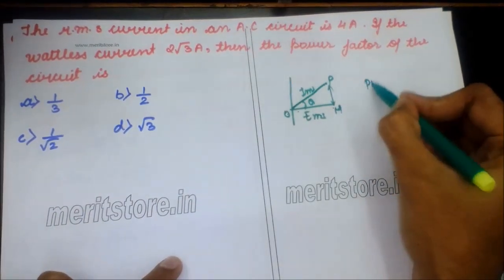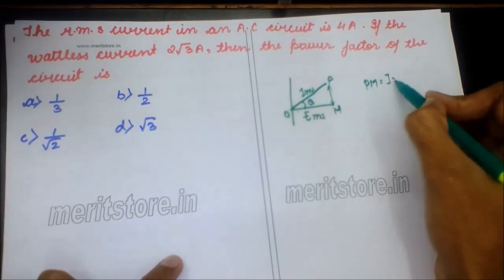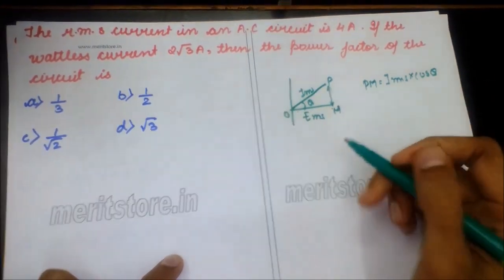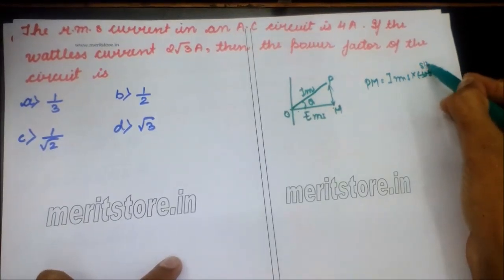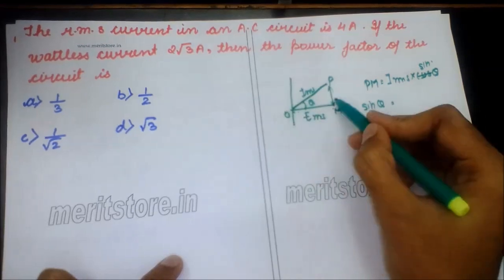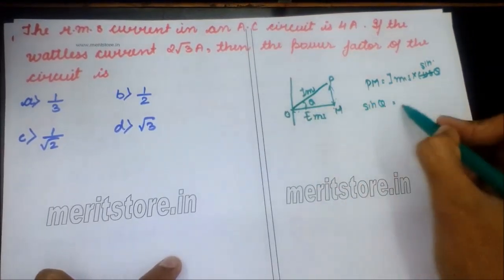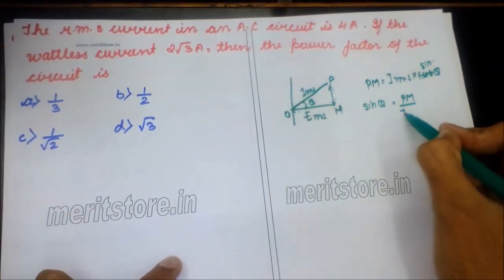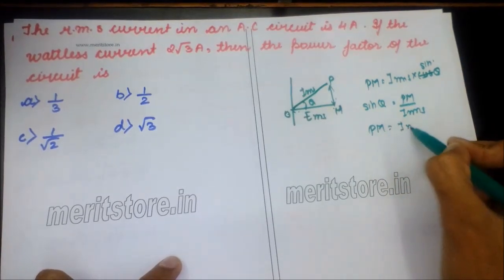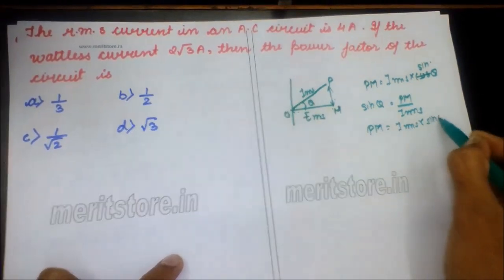So this PM will be nothing but I RMS multiplied by sin theta. For this PM, sin theta will be opposite upon hypotenuse, that is PM upon I RMS. So PM will be equal to I RMS multiplied by sine of that theta.